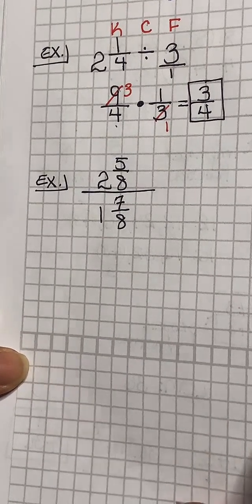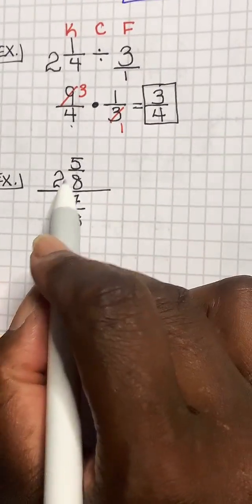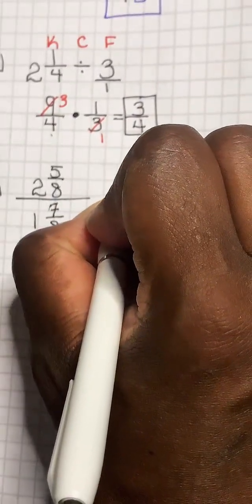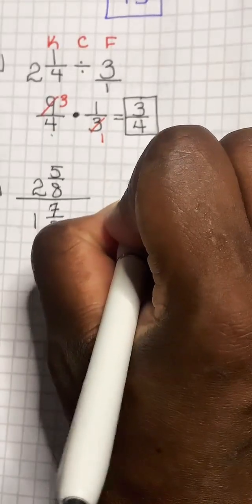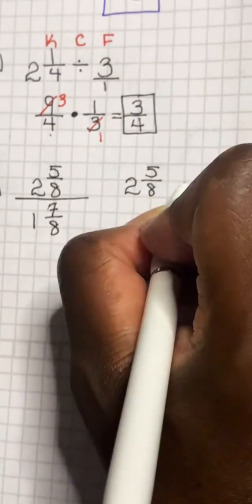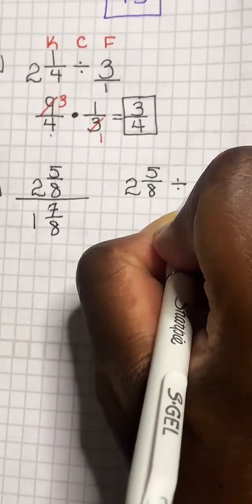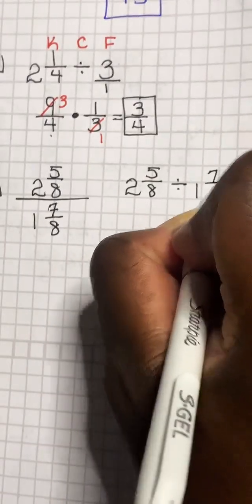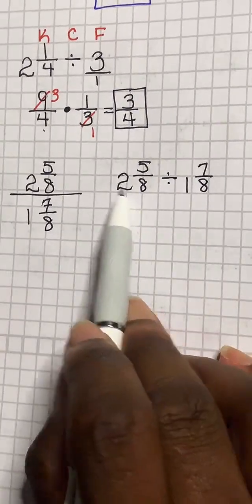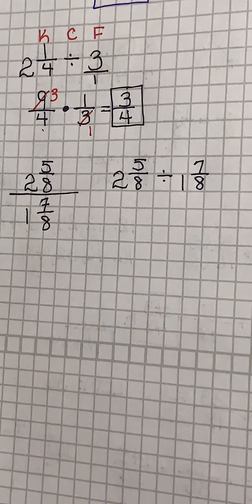All right, so let's see. So if anything, we have the 2 5/8. Let's put it in a way that we can understand it. 2 5/8, which is being divided by 1 7/8. So now we need to change these mixed numbers into improper fractions.